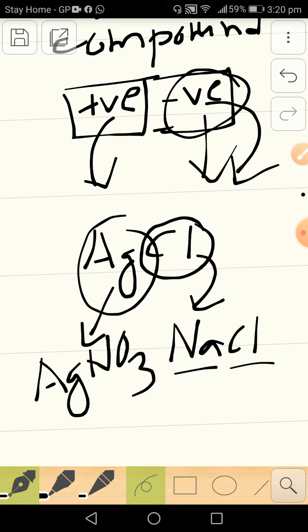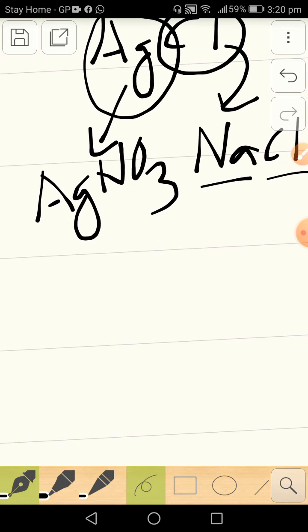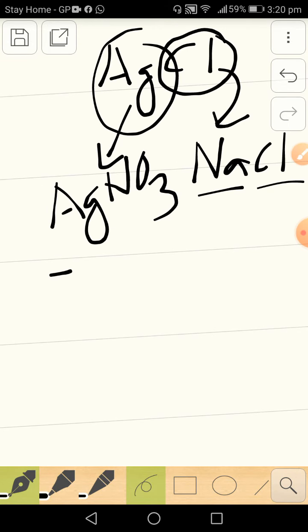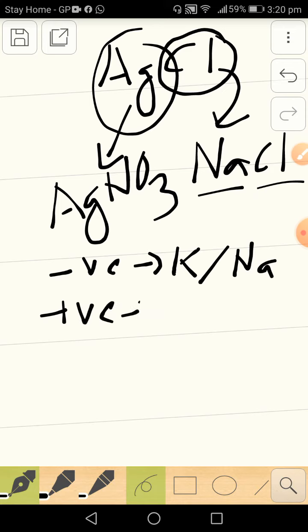Okay, so if you forget the solubility of salts, let me tell you a shortcut. For the negative part, take a potassium or sodium salt, and for the positive part, take a nitrate salt.